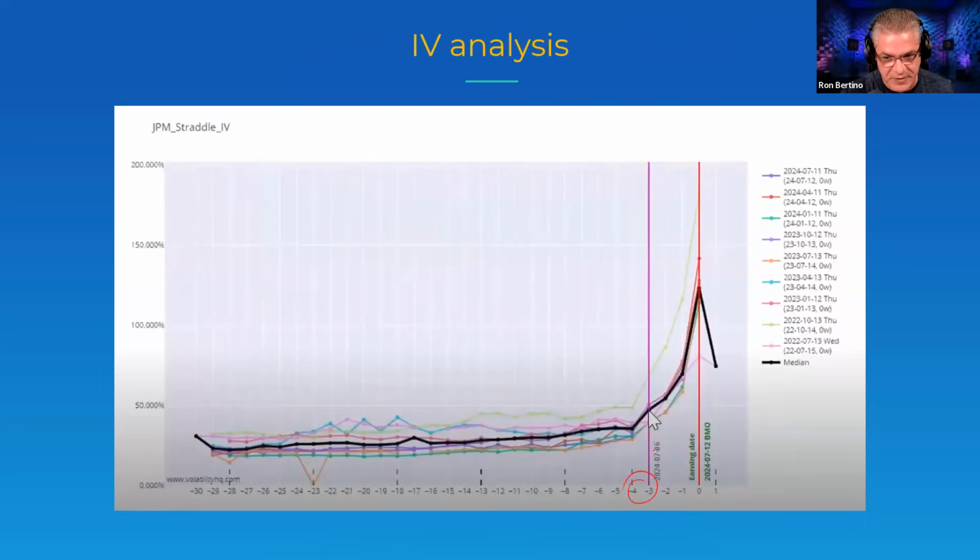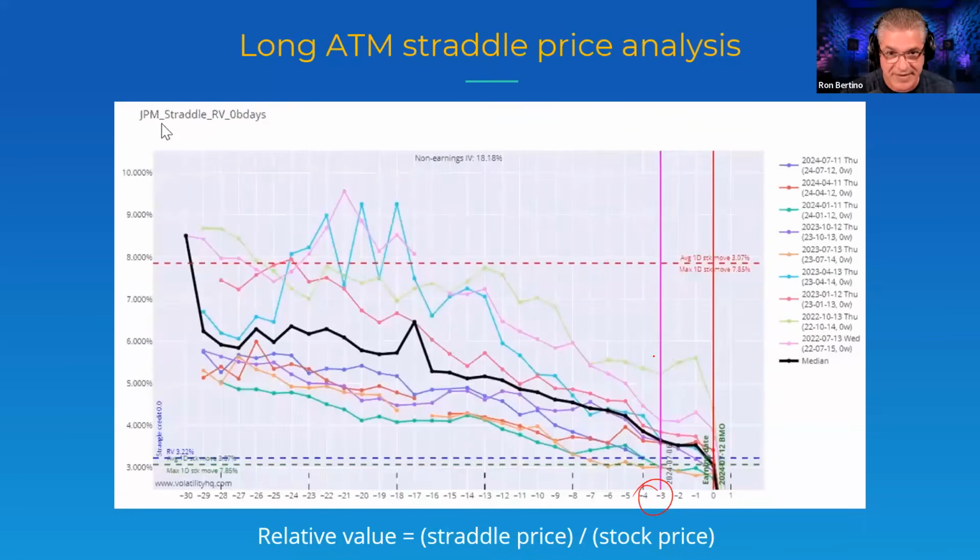If we say 3 or 4 days prior to earnings, if we initiate a trade over here, we should make bucket loads of money, right? Based on this chart. But then when we look at the actual prices of those option contracts, we see that even if we initiate in this period over here, pretty much every line goes down, not up. So that is in complete contradiction to the prior chart.